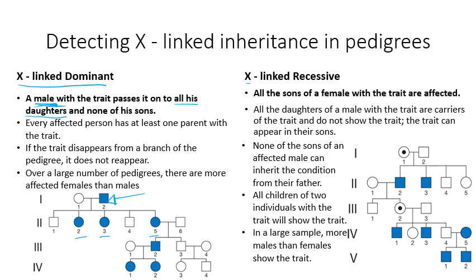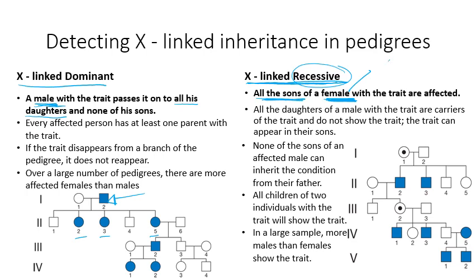If we were to look at an X-linked recessive trait, though, this time, if we are looking at a female or a mother with the trait, every single one of her sons is going to be affected because it is recessive.